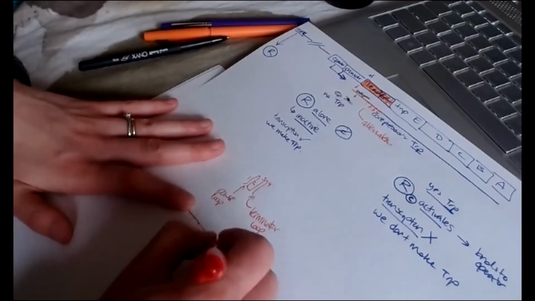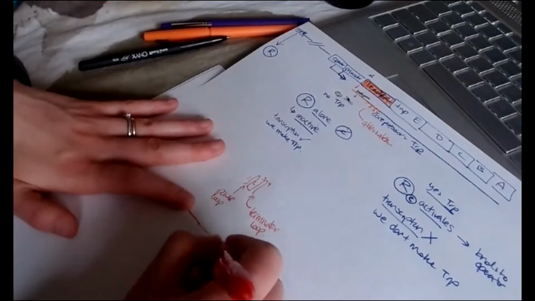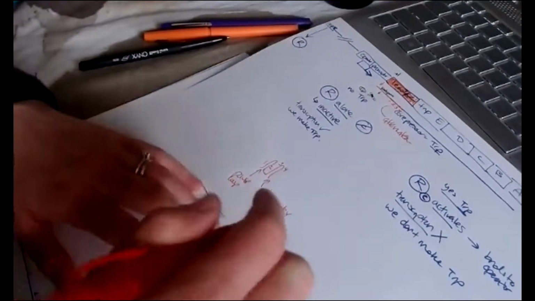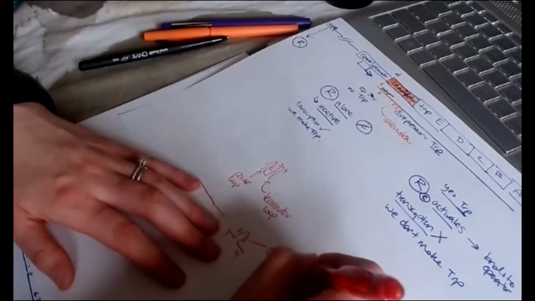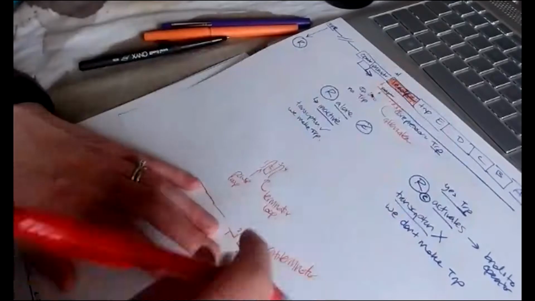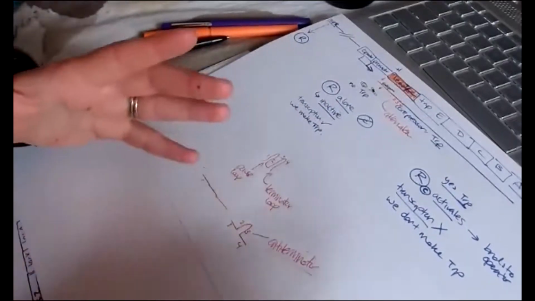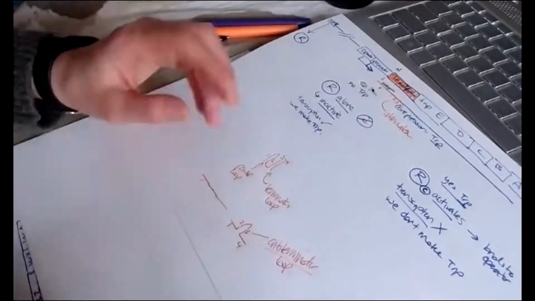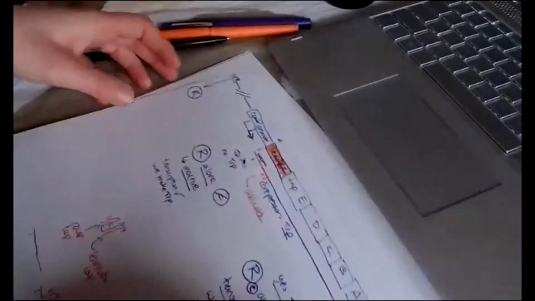So region 2 and 3 are going to pair up, and then region 4 will be made. So we have region 1, 2, and 3, and 4. If this particular stem loop gets made, this is known as the anti-terminator loop. And as you can imagine, it is the opposite of the terminator loop. It does not terminate transcription. Okay, so I know this still doesn't make any sense right now, but it will in just a second.